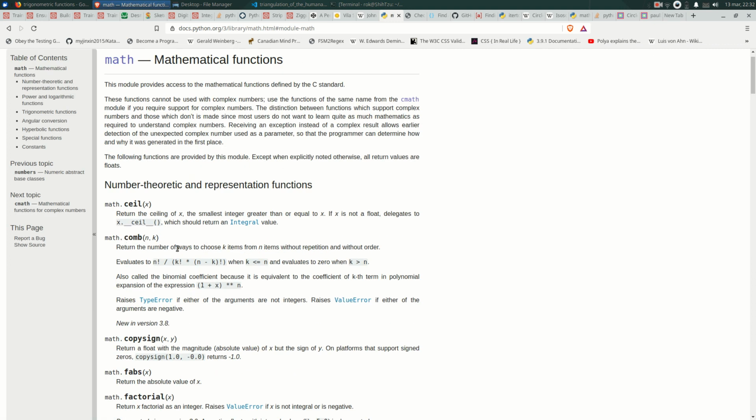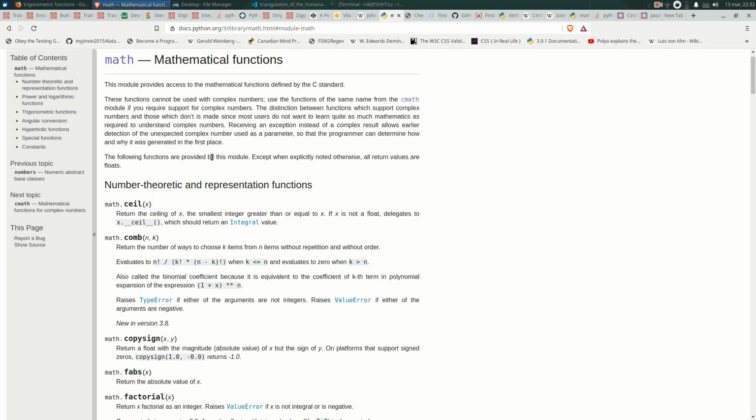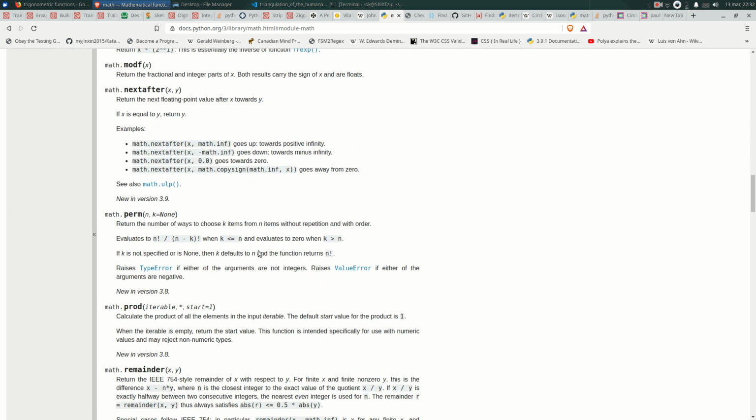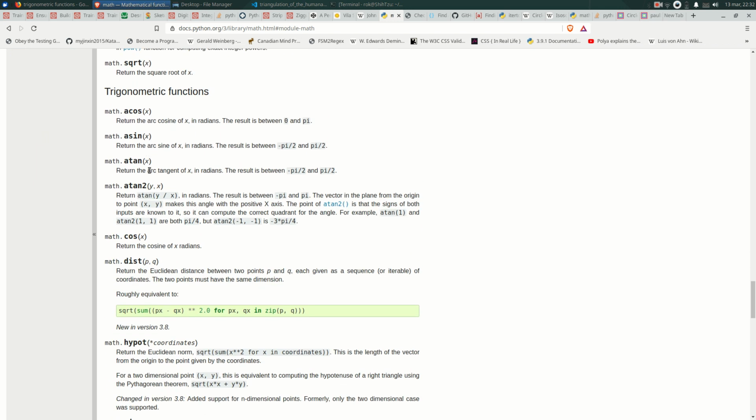Math comb: return the number of ways to choose k items without repetition and without order. This kind of rings a bell about another kata, but it's too much for now; I gotta keep on track. Arctangent of x in radians.